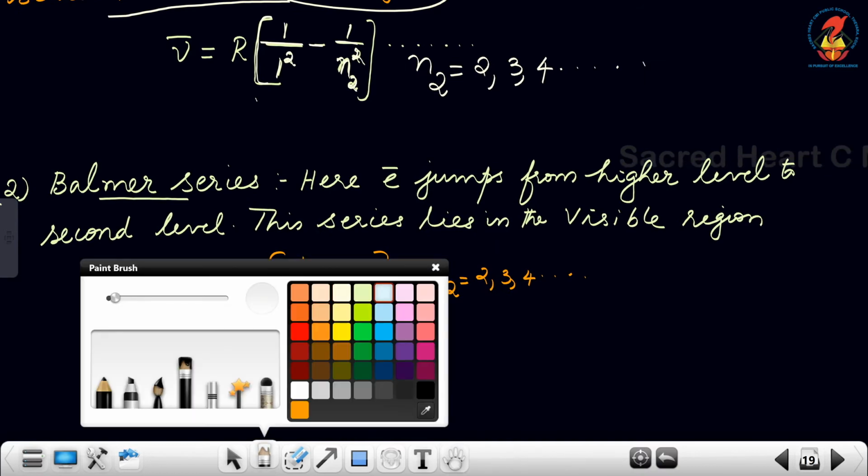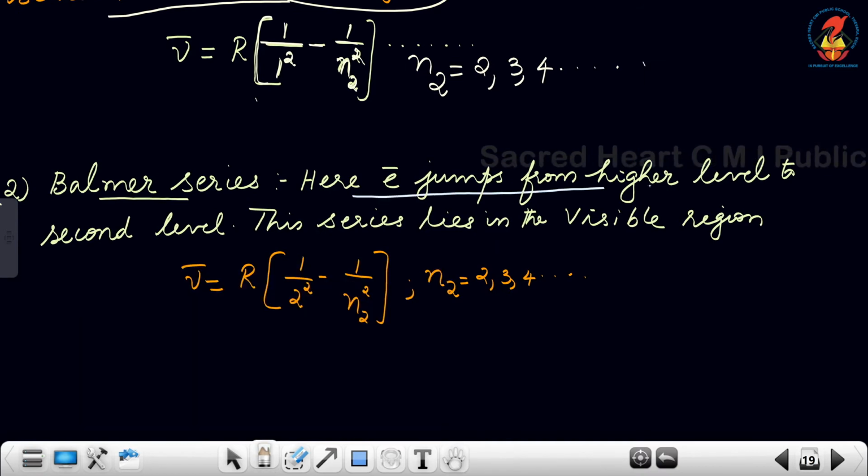Similarly, next we have the Balmer series, in which the electron is jumping from a higher energy level to the second energy level.